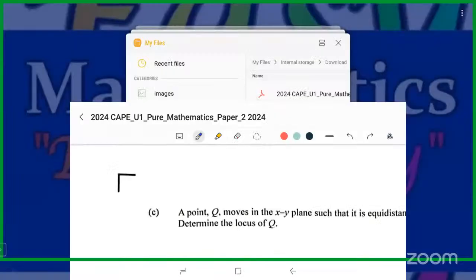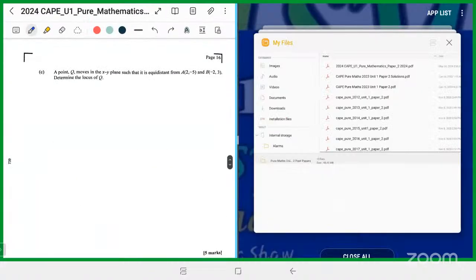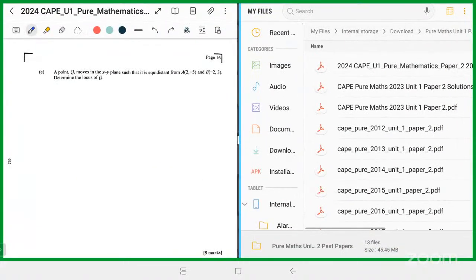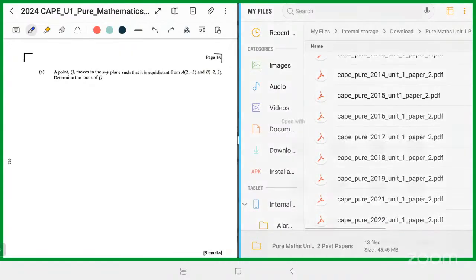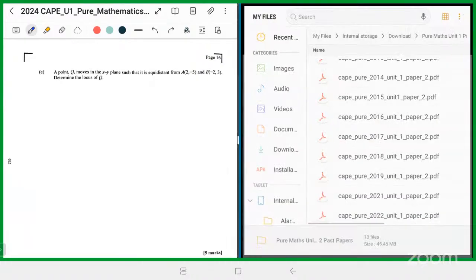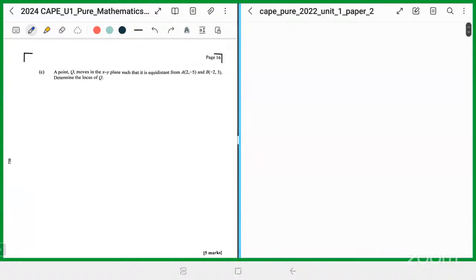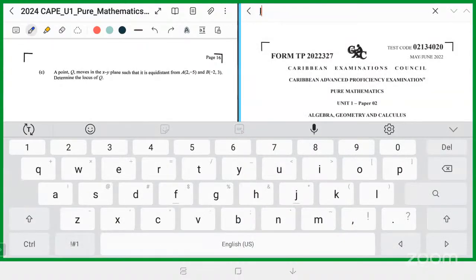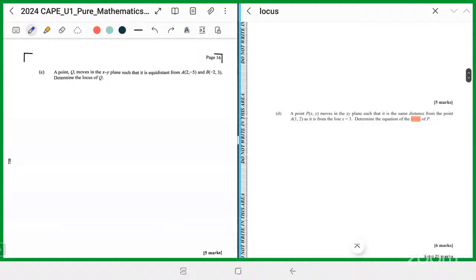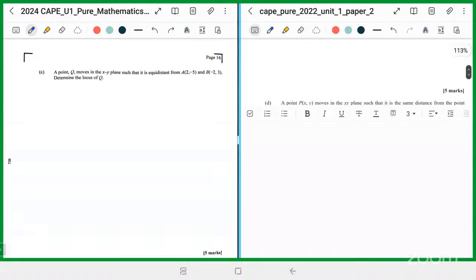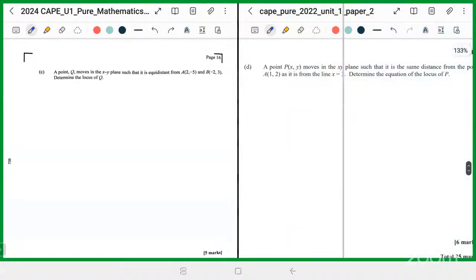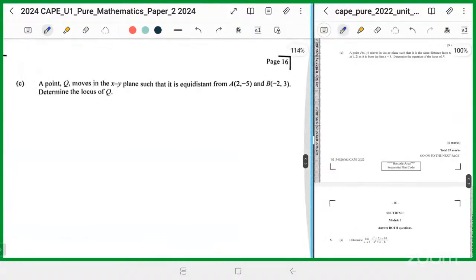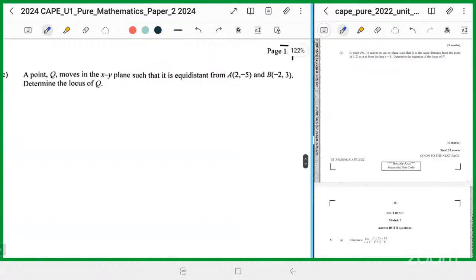I'm bringing it up now. About to finish this one? It's an easy one, man, should be done already, you know. Taking so long.